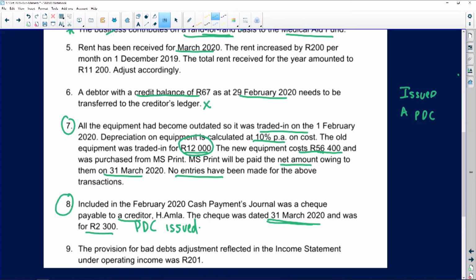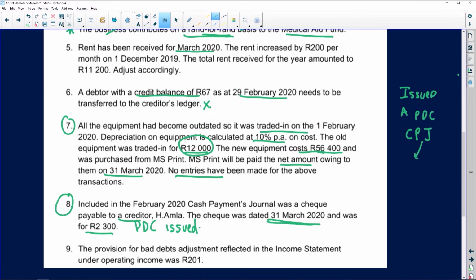It would have been recorded, and correctly so, in the cash payments journal because a check was issued. The two accounts affected by this entry would be your bank account, and, since the check was issued to a creditor, creditors control.